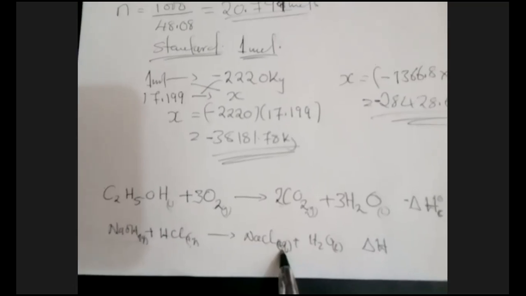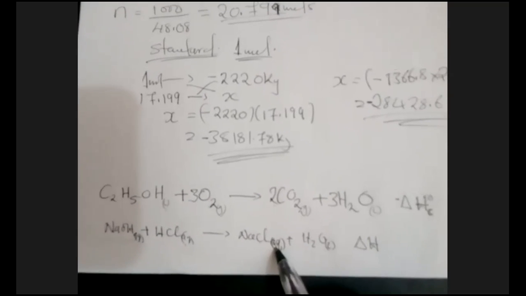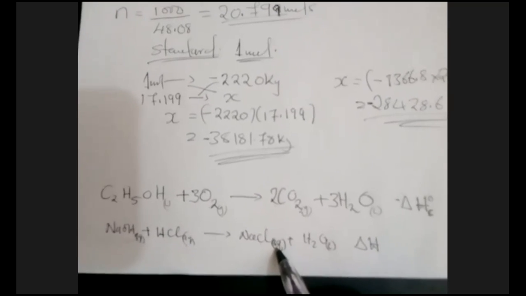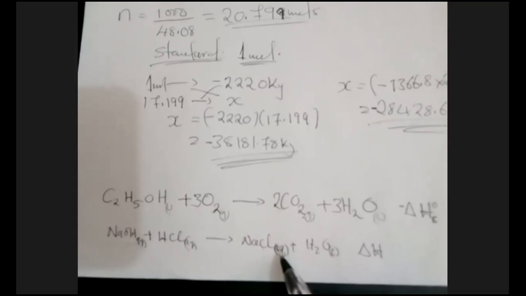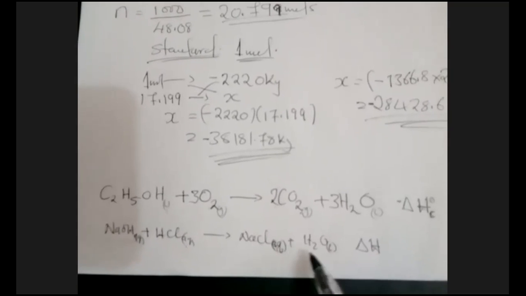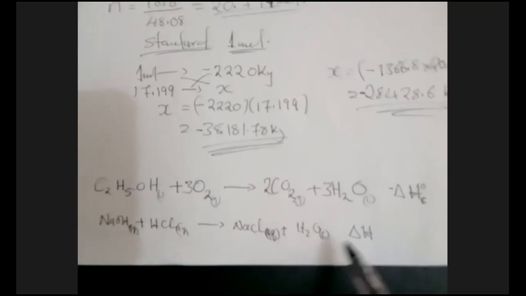The sodium chloride that is produced does not form solid, so it is still aqueous, dissolved, plus H2O, a liquid, and then plus the standard enthalpy of neutralization, not just any type of enthalpy.